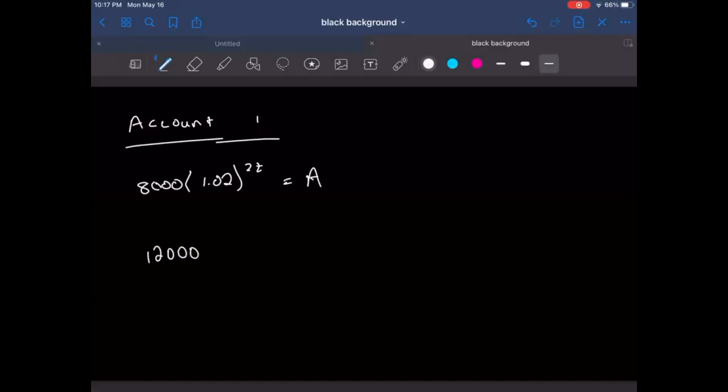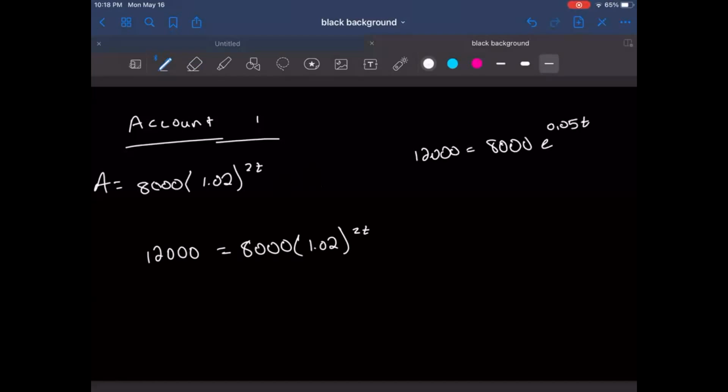Well, now A equals 12 grand, and then solve for t. Makes sense? For account two, it's the same thing, just with e to the 0.05t, solve for t. We'll probably go through that too, but it's just algebra, right?